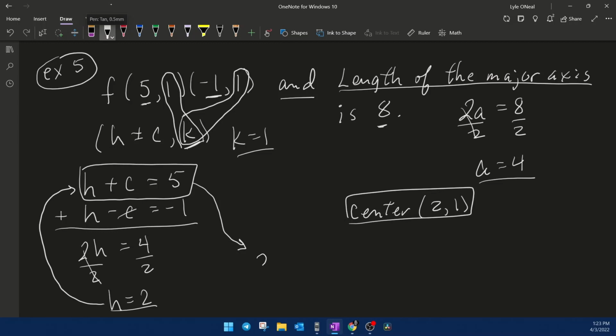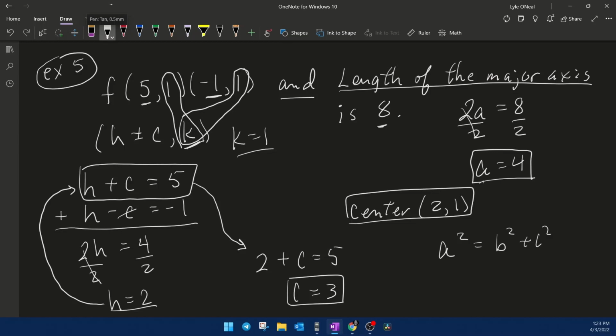So h is 2 plus c is 5, and I think everybody would agree that 2 plus 3 is 5, and so that gives me c is 3. If I know a and c, I can get b. So next, we want to use our Pythagorean relationship. A squared equals b squared plus c squared.